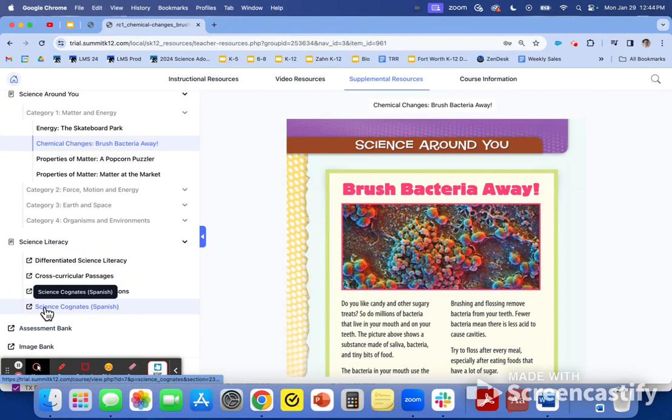Let's look at the Spanish cognates now. We just looked at the newcomer lessons. That includes the foundational lessons in 11 languages plus Spanish and English with teacher supports, plus the lower level ebooks written at a very fundamental basic level for newcomers.